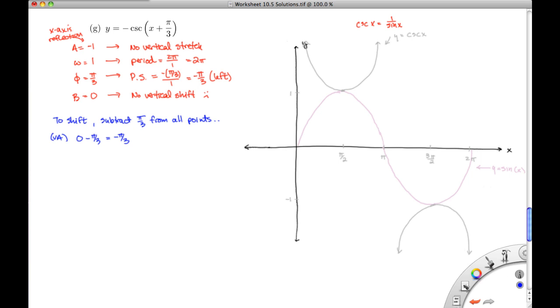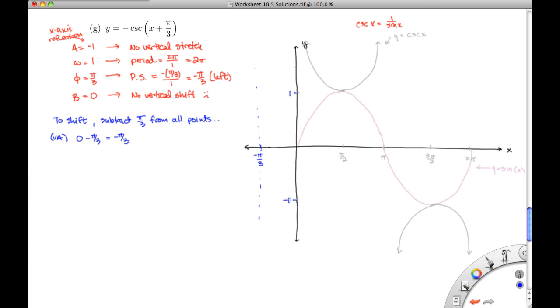So I'm going to go ahead and put that on there. Minus pi over 3 is going to be something like this. This is going to be a vertical asymptote for our cosecant.